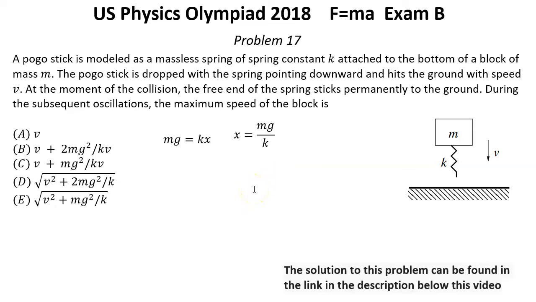Now we can use energy conservation. Suppose that the potential energy for gravity when this pogo stick just reached the ground is 0.